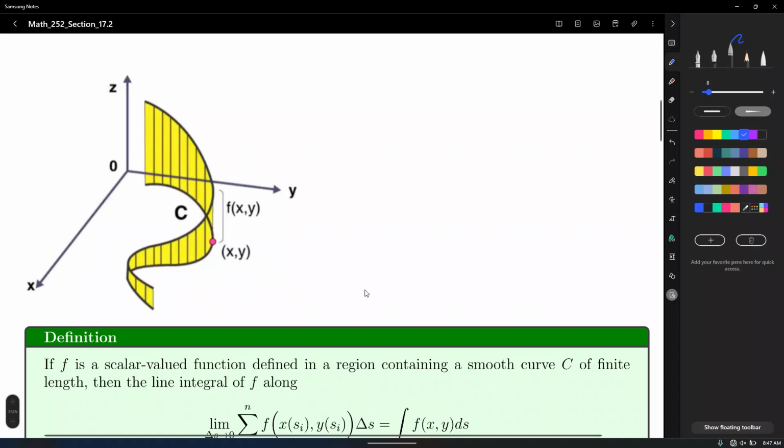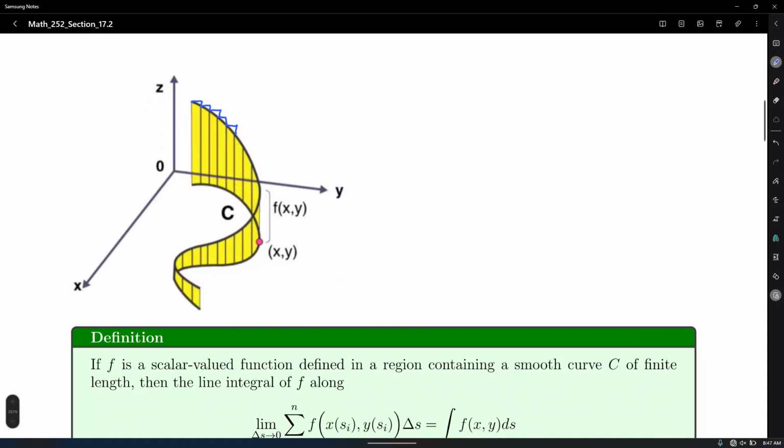Do you see all these rectangles? Again, very similar to Riemann's idea from Calculus 1, all right? However, these are rectangles in space under the curve, creating a fence or a curtain here.